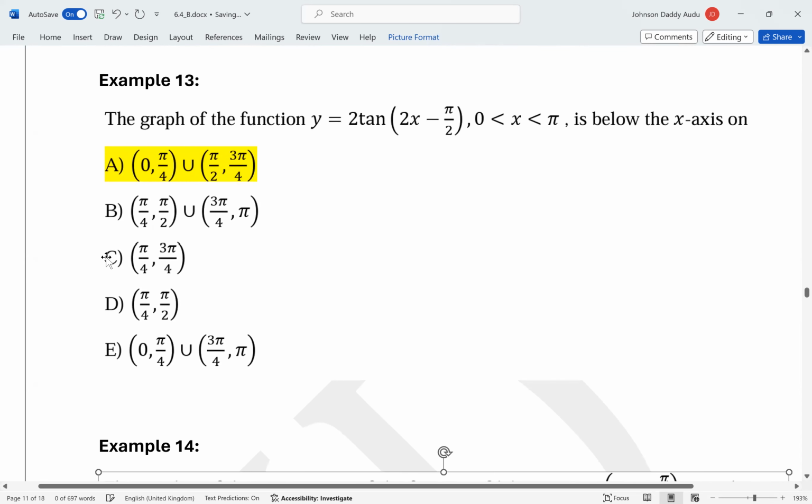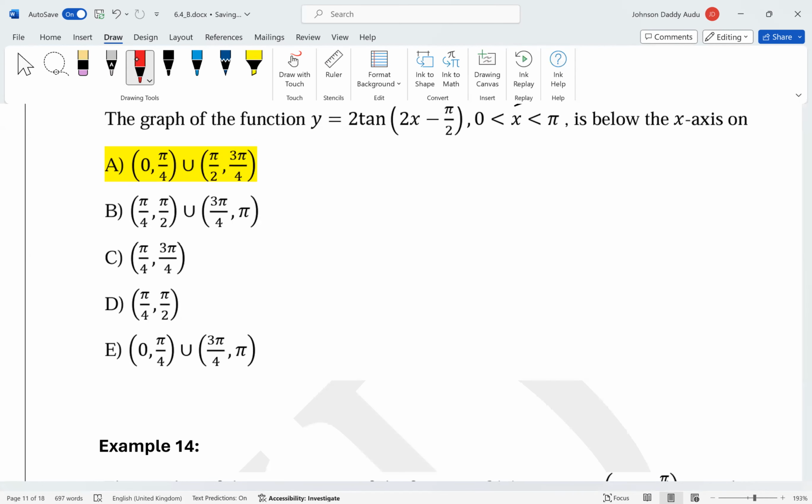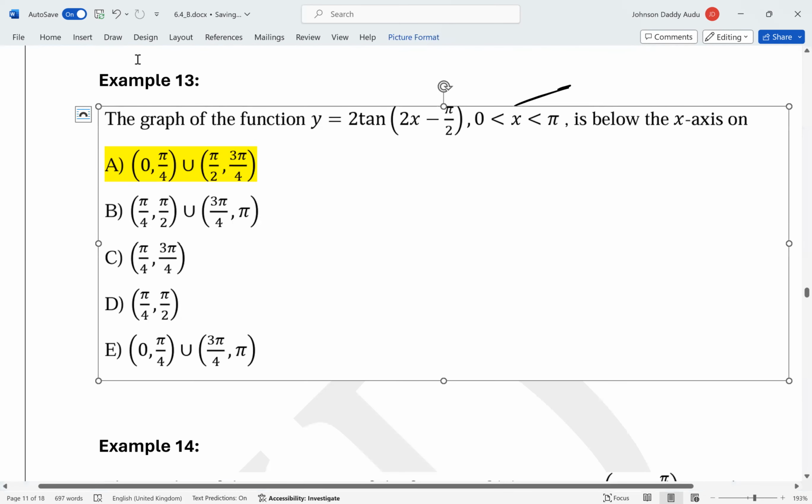So for example 13, it says the graph of the function from 0 to pi is below the x-axis on this one. So here, we're still going to graph the same procedure we did, but here, remember, look at the interval we're interested in. We're interested in the interval 0 to pi.